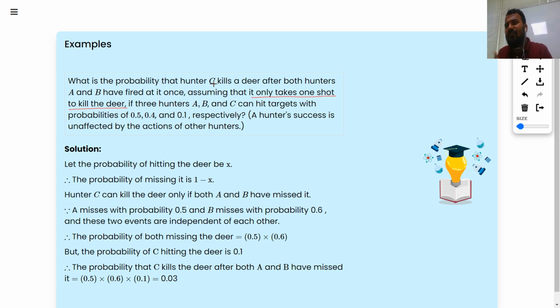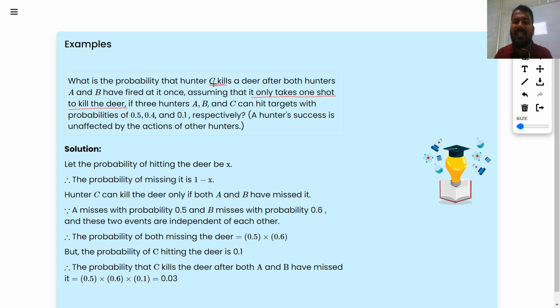If one shot had hit the deer, it would have been killed. It means that A and B have fired once, but they have not hit the target. So now we have to find out the probability of C provided that A and B have not hit the target. Now let's start with the solution here.